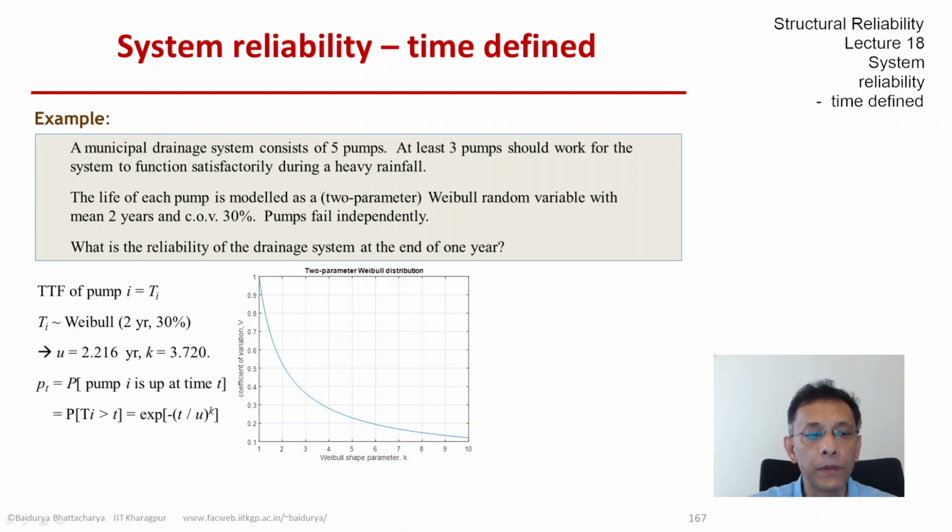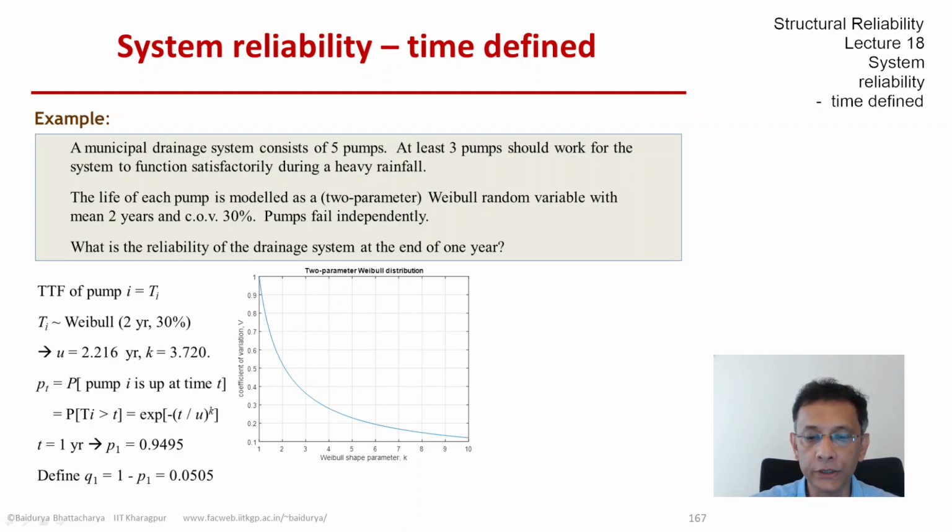Plugging in the values of t, u and k at 1 year, this p of t, which we are calling p1, is 0.9495. We'll also need its complement q, so let's define q1 as 1 minus p1.